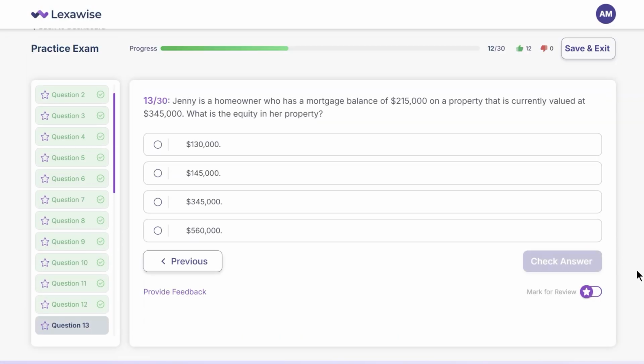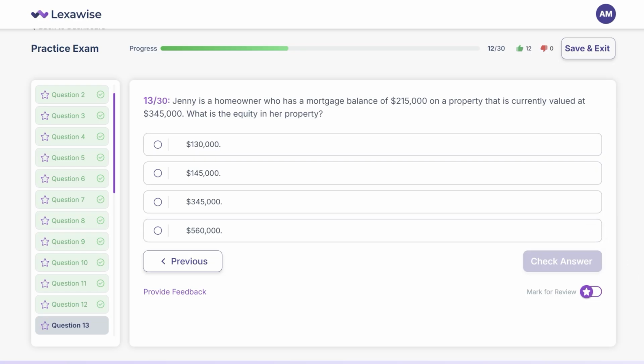Here comes another one. Jenny is a homeowner who has a mortgage balance of $215,000 on a property that is currently valued at $345,000. What is the equity in her property? A. $130,000. B. $145,000. C. $345,000. D. $560,000.